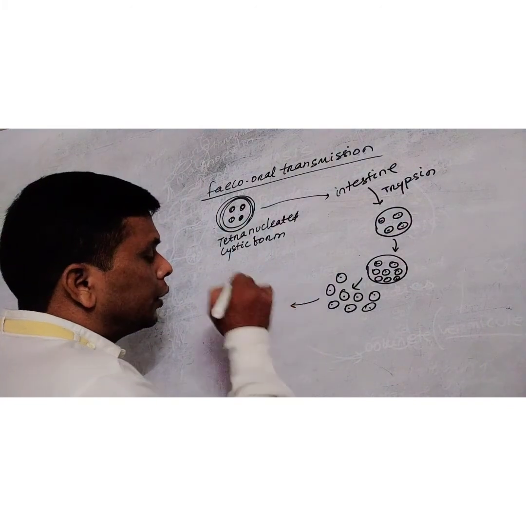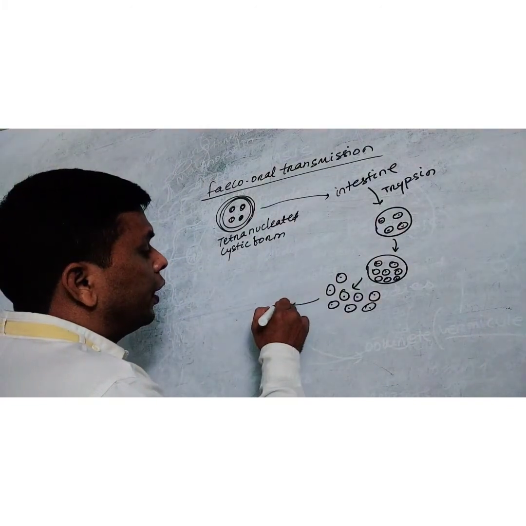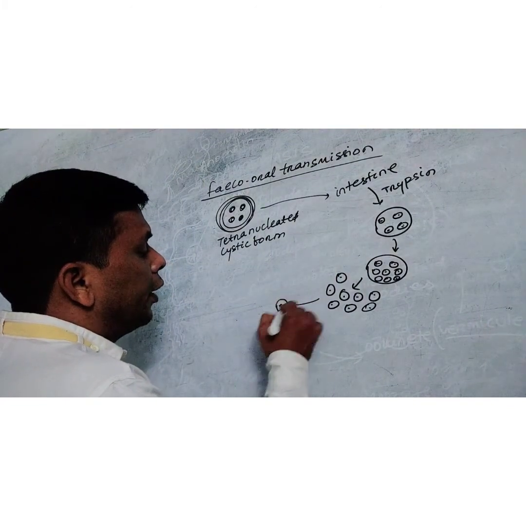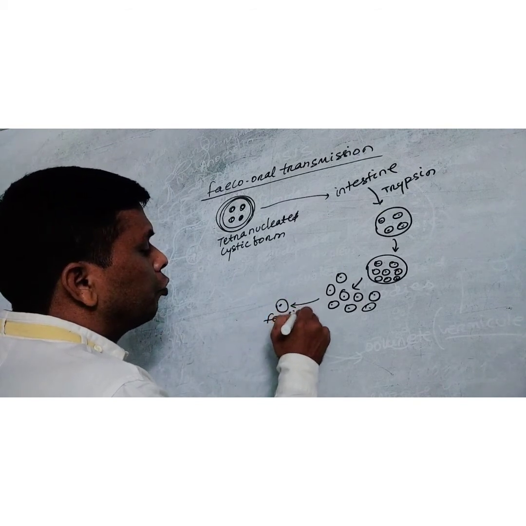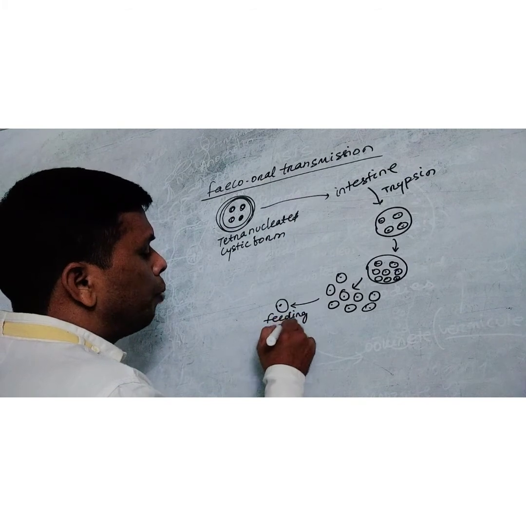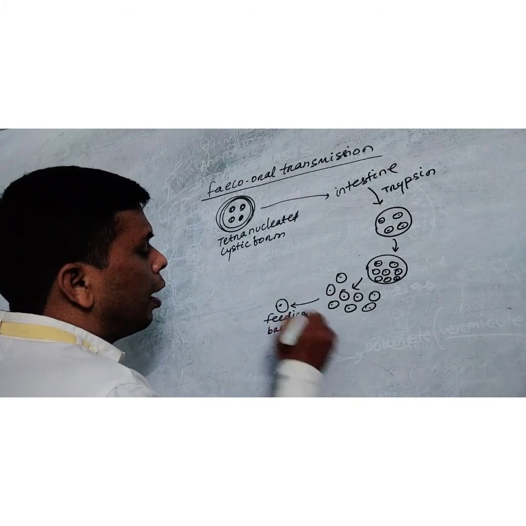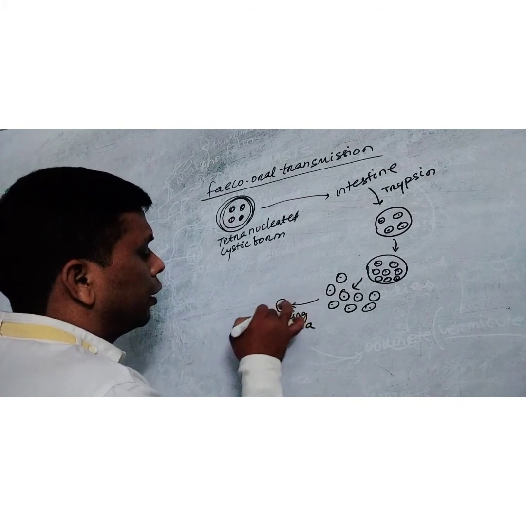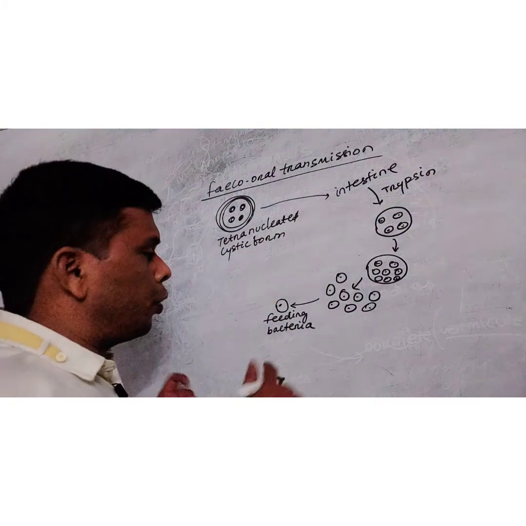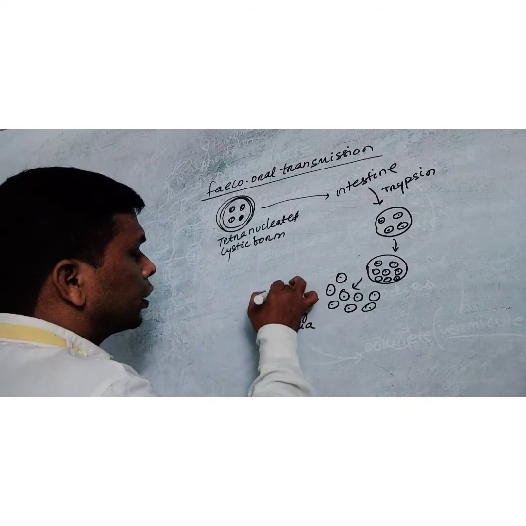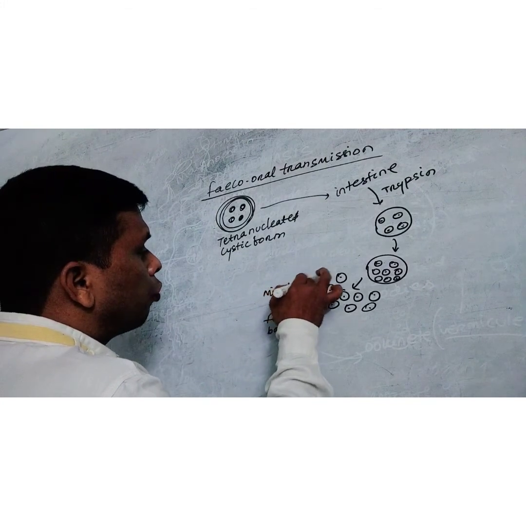Suppose it remains in the lumen, it starts feeding on bacteria, and it is non-pathogenic. It does not cause any type of pathogenic symptoms in our body. This is called the Minuta form.